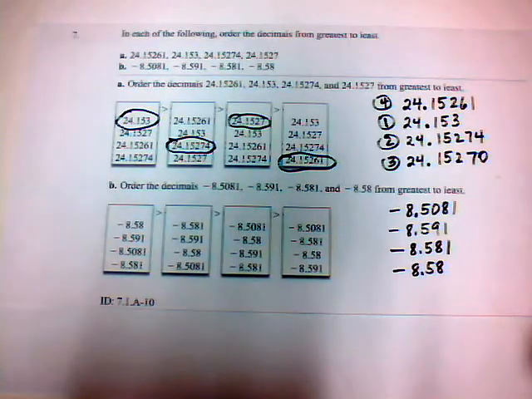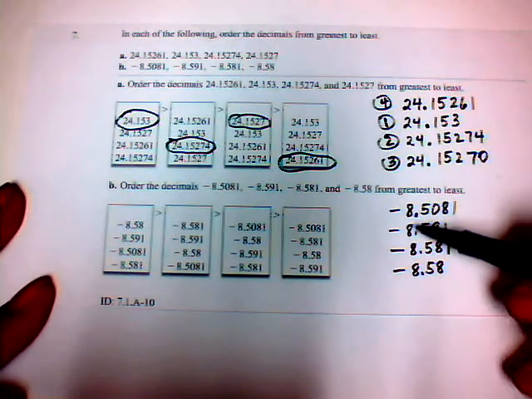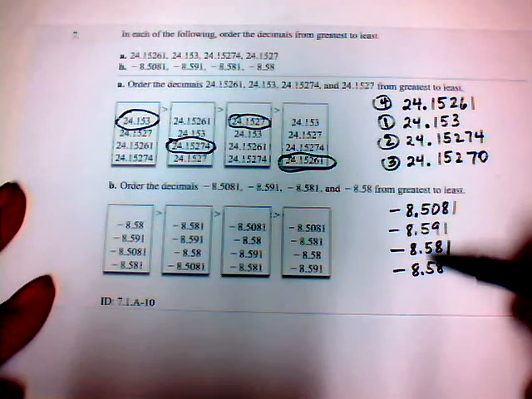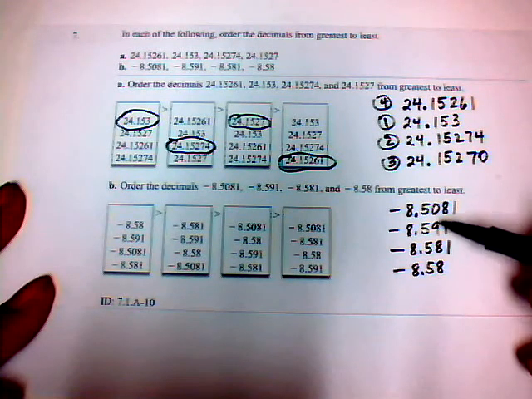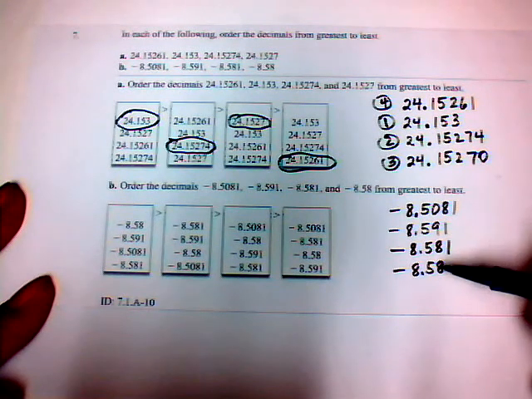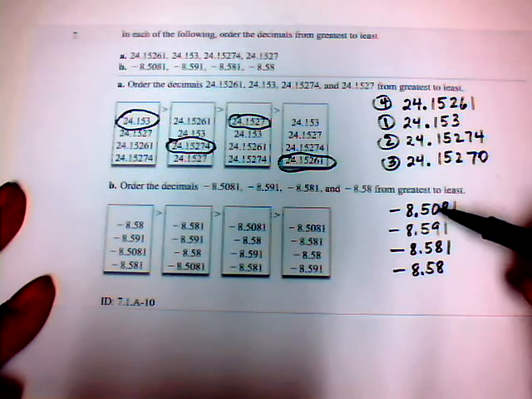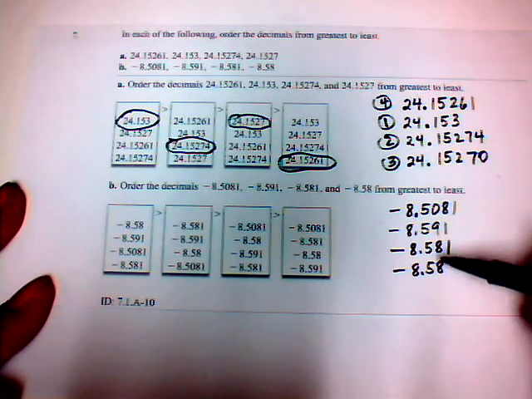Okay, now with negative numbers, we have to pick the smaller place value, because any number that's greater than the other will have to be the number that's closest to 0. Okay, here these 8s are the same and the 5s are the same, but when we get here, okay, we want to pick the smaller of these three numbers here.